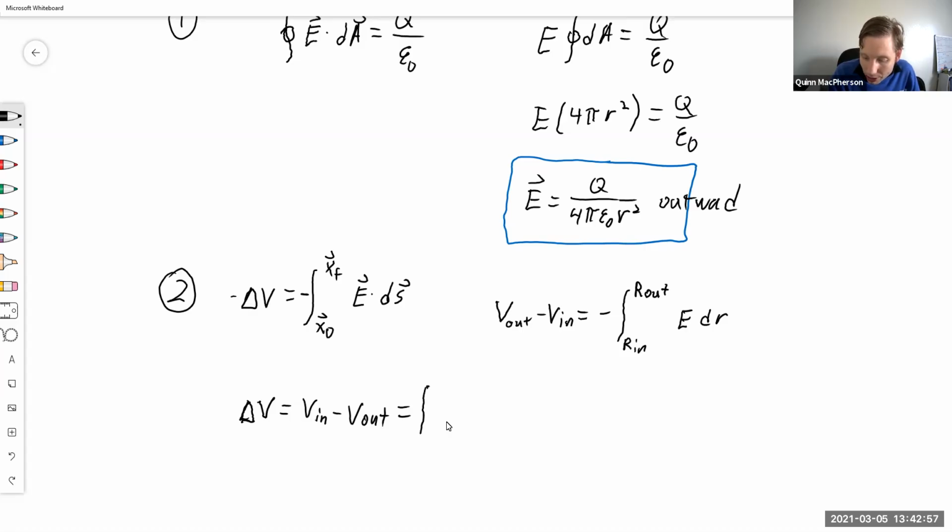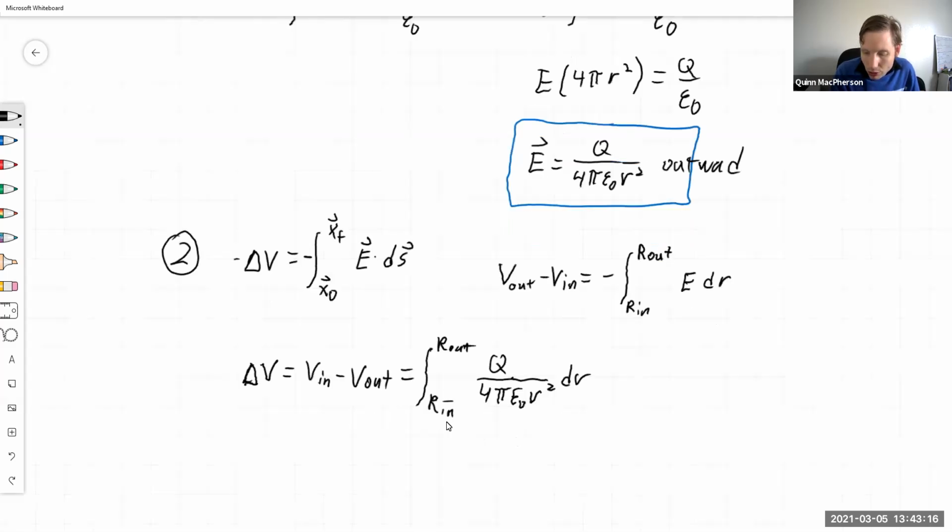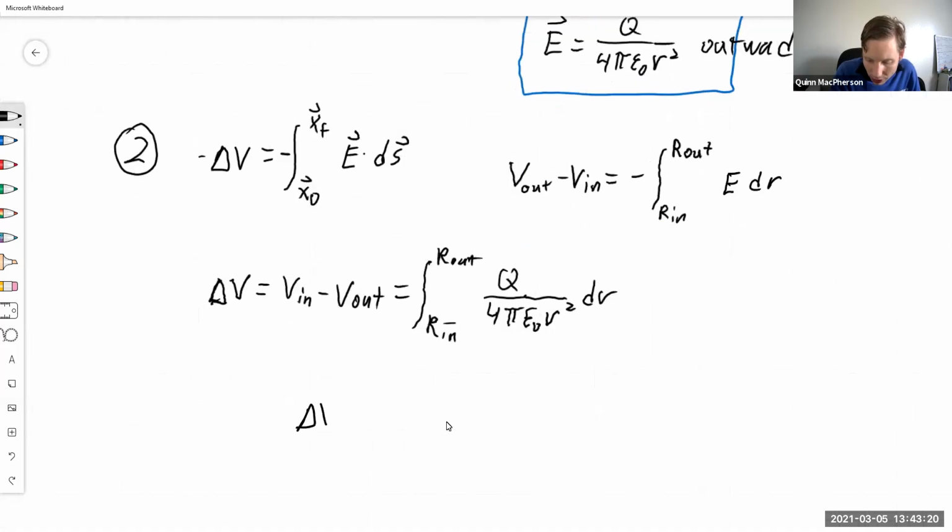So that'll simply be the integral from R in to R out of E, which is Q over 4 pi epsilon naught R squared, dr. Doing this integral, you will find that delta V is equal to Q over 4 pi epsilon naught, and then the integral of 1 over R squared is minus 1 over R. And then you stick in the limits and flip it and do some more algebra.